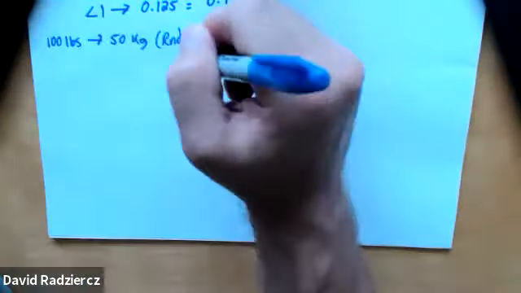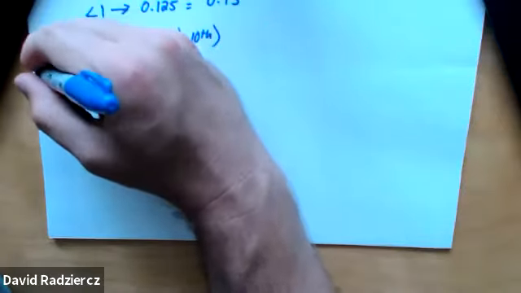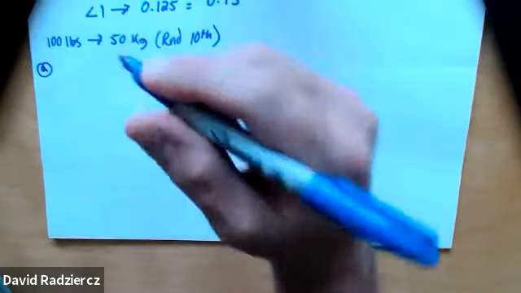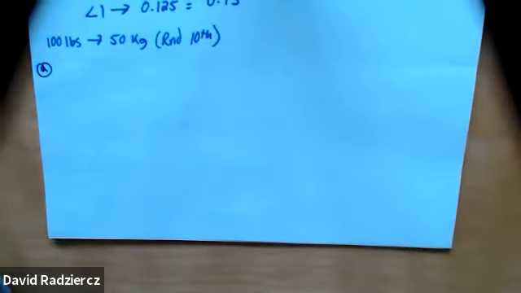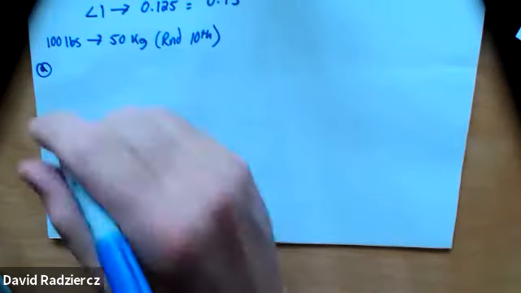So now that we know the patient's weight, 50 kilograms, we can start solving the equations. Step A, or part A of the protocol, says calculate the milliliters to administer for the bolus.